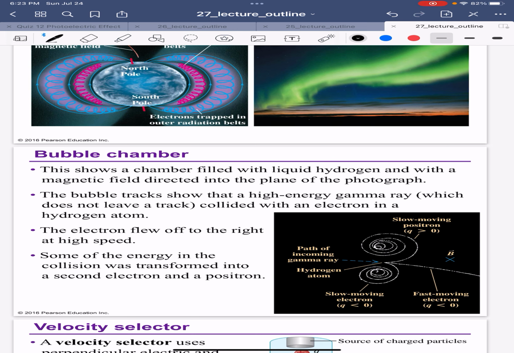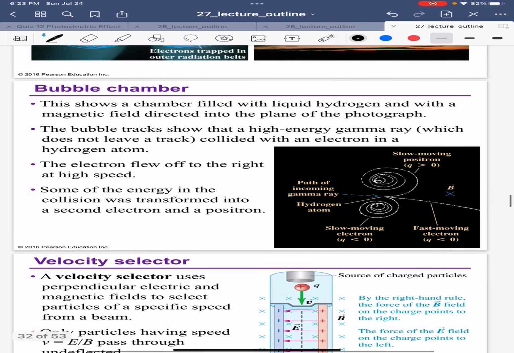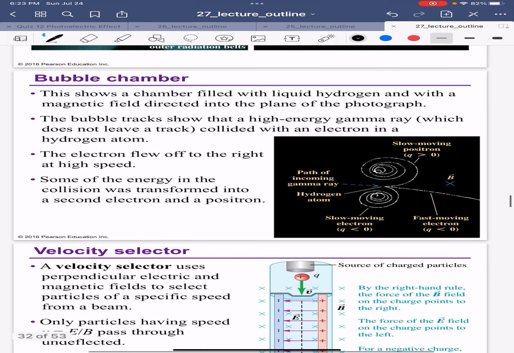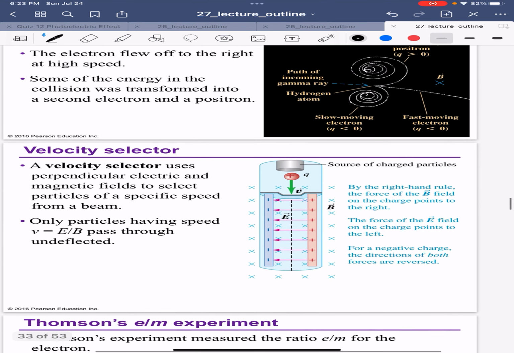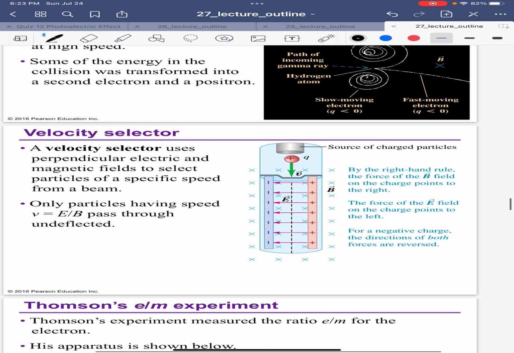The bubble tracks show that a high energy gamma ray, which does not leave a track, collided with an electron in a hydrogen atom. And actually this is very important in nuclear physics. You can read more about these applications. These are really very important applications in the history of physics.